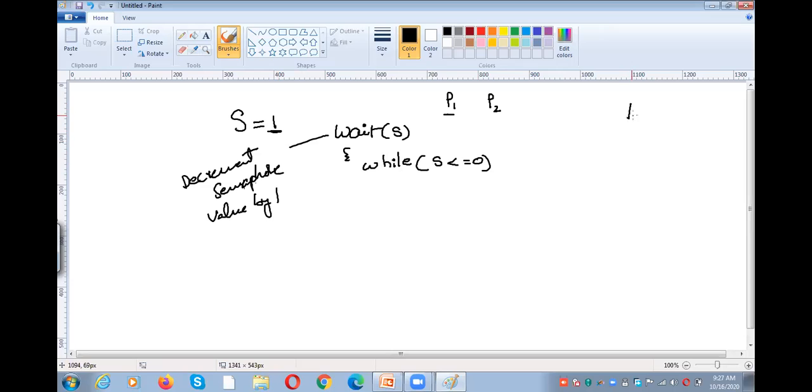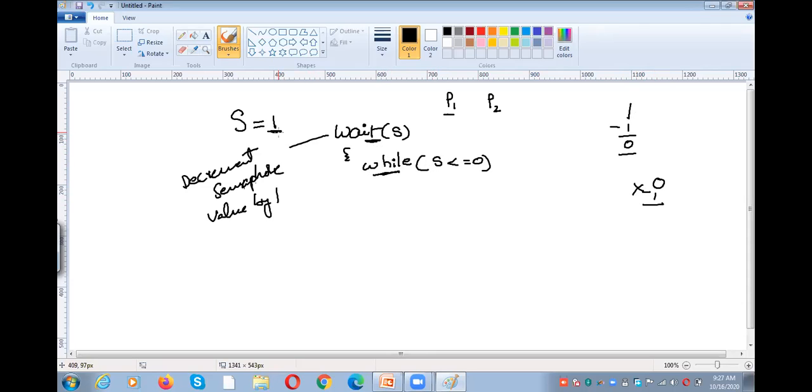Because if it is 1, we can decrement the value by 1 so it will become 0. But if the semaphore value is already 0, how can we decrement the value by 1? We cannot decrement the semaphore value. So before performing the wait operation, the process has to check the condition whether the semaphore value is greater than 0 or not.